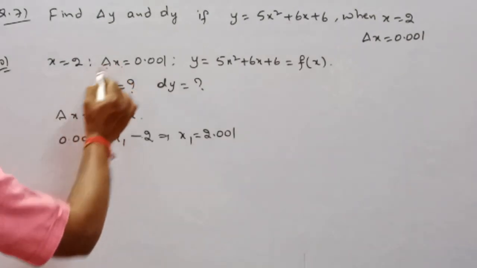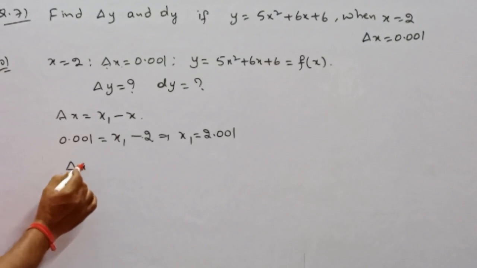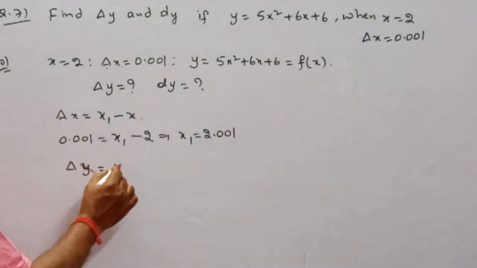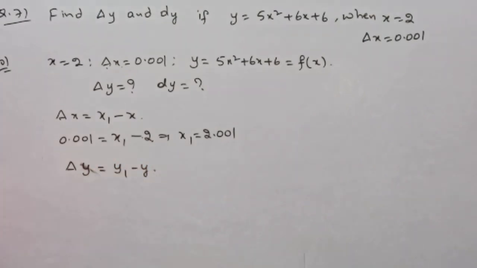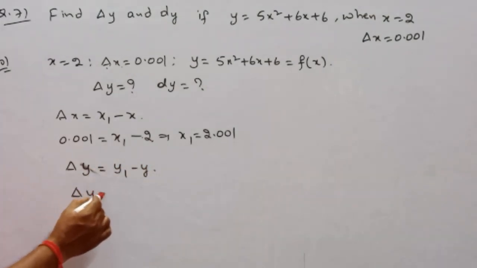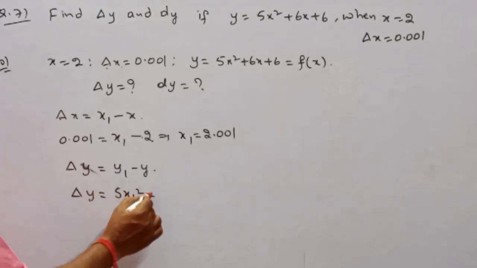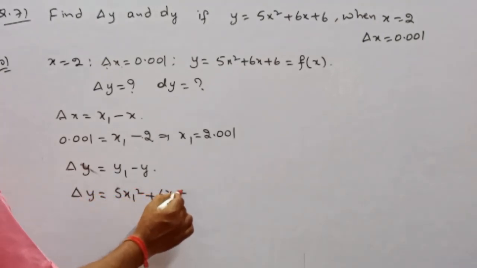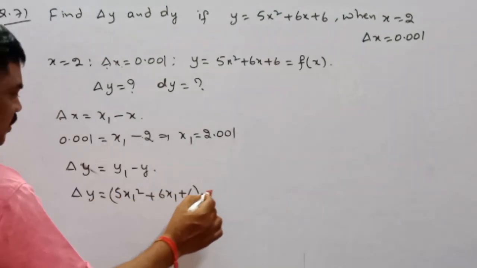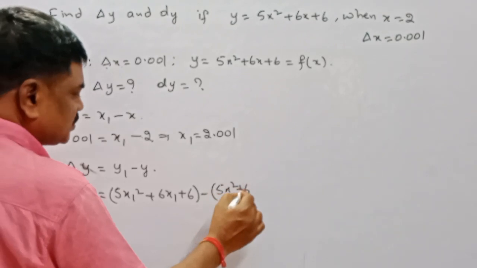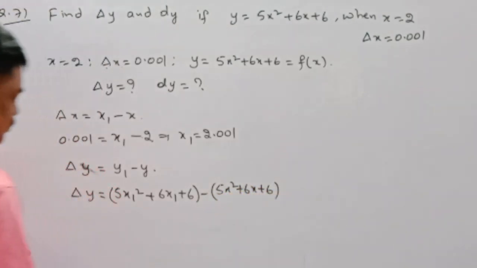Here delta y is equal to y1 minus y. What is y1? 5x1 square plus 6x1 plus 6, minus y, which is 5x square plus 6x plus 6.